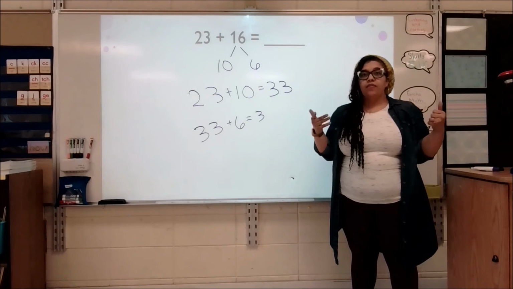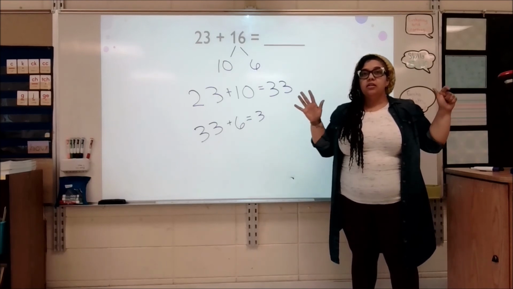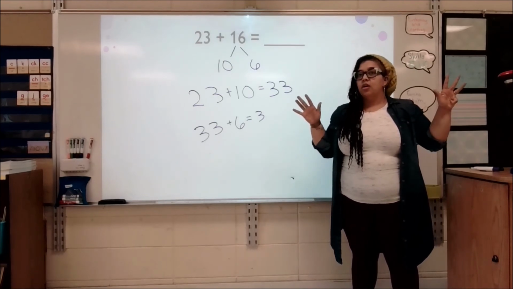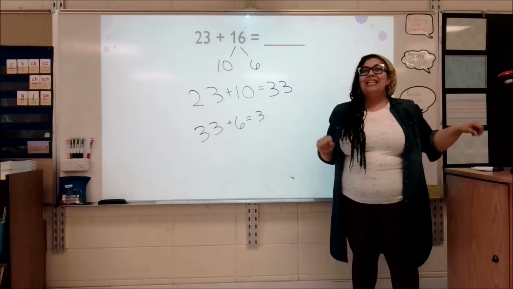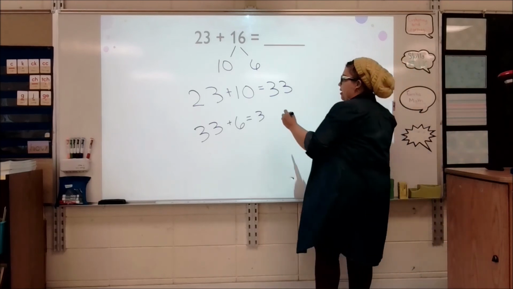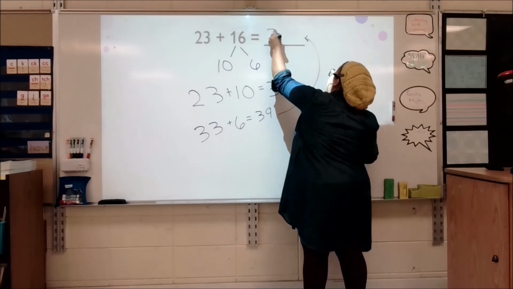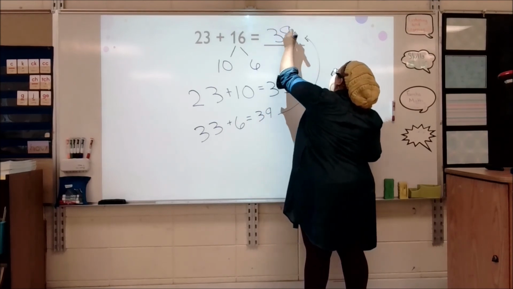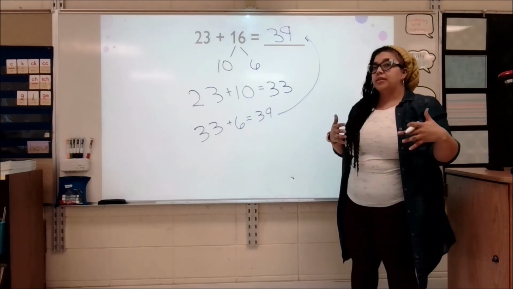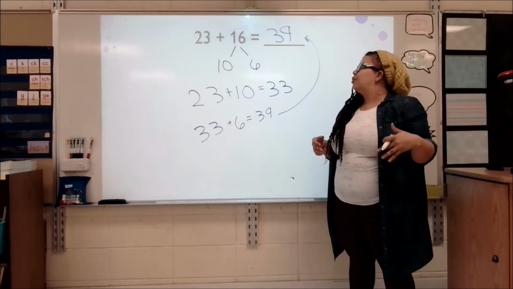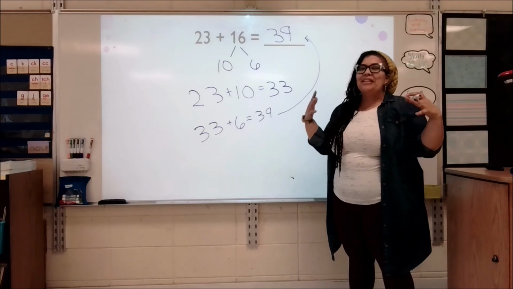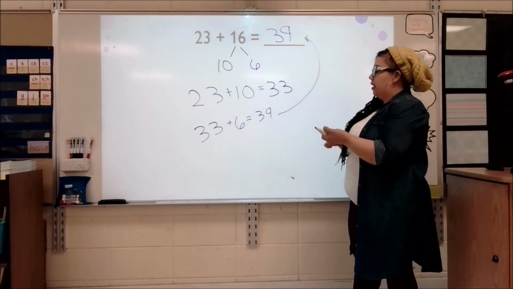We can take the bigger one first. So, 6, 7, 8, what is it? 9. 6 and 3 is 9, which means 23 plus 16 is equal to 39.